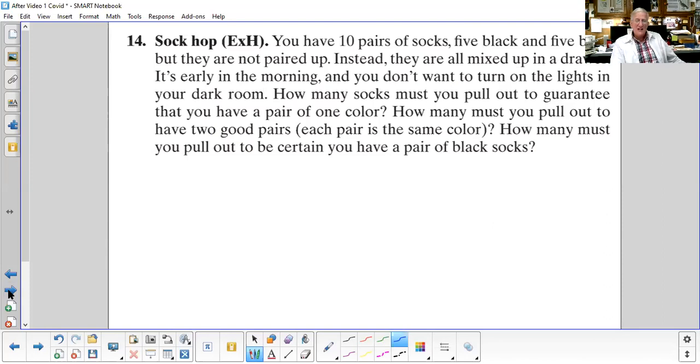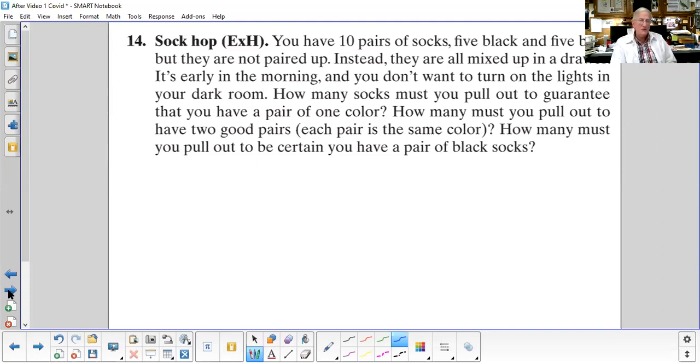So how many socks must you pull out of the drawer without looking to guarantee that a pair of the socks is one color? How many must you pull out to have 2 good pairs of socks, each pair the same color? And finally, how many must you pull out to be certain you have a pair of black socks?